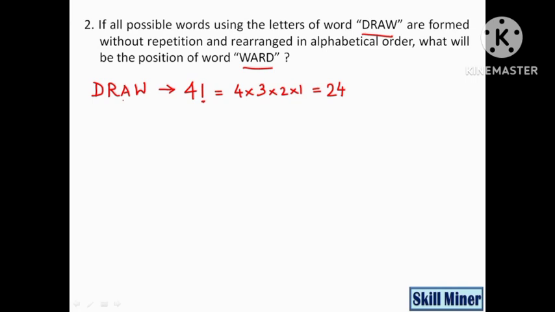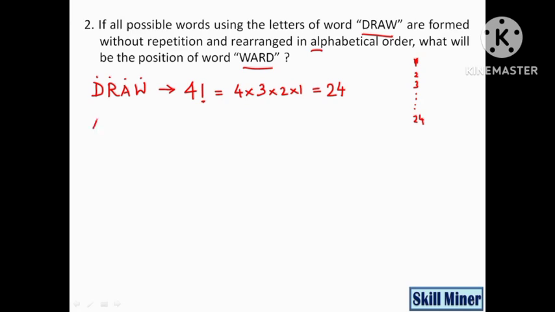In the question, they are rearranging the word into 24 possibilities. After rearranging them in alphabetical order, we should find the position of the word WARD. The first thing to observe here is what letters are given: D, R, A, W. Arrange them in alphabetical order.